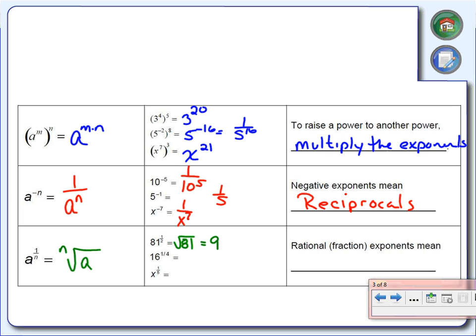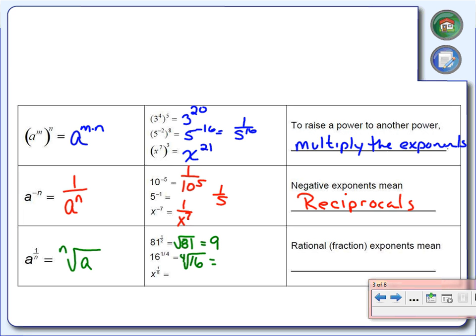The next one there, 16 to the 1/4 power, would be the same thing as asking for the 4th root of 16. That bottom number represents the root.